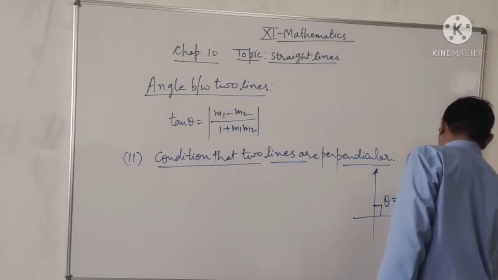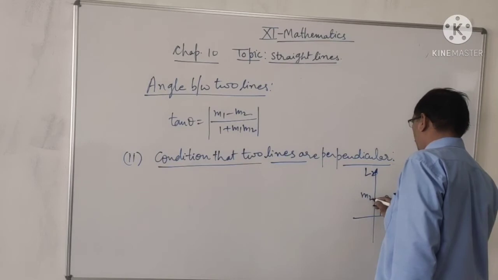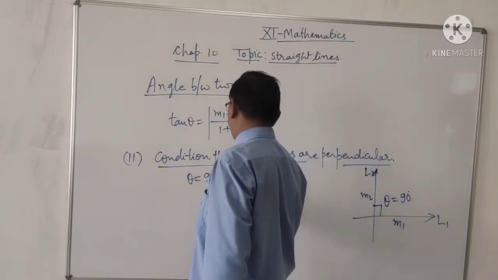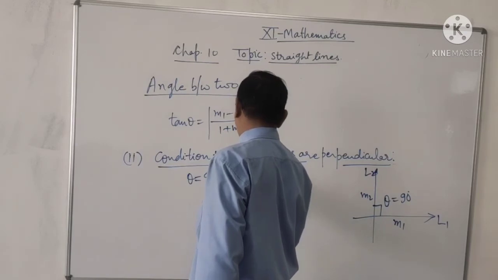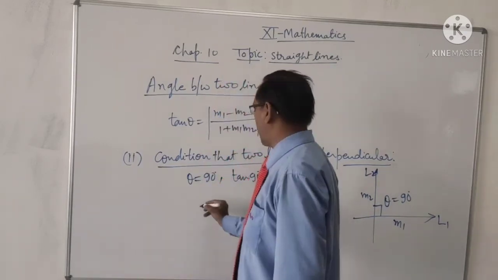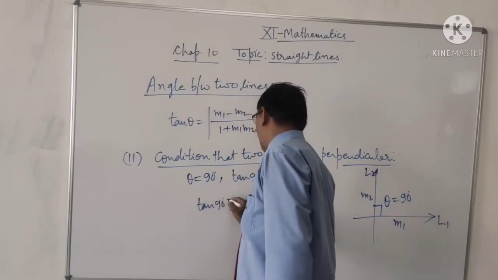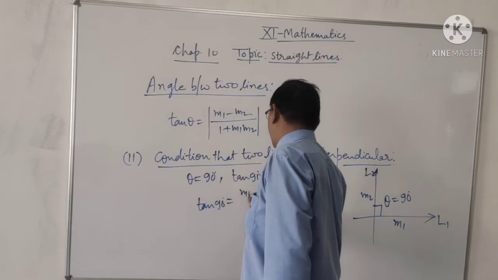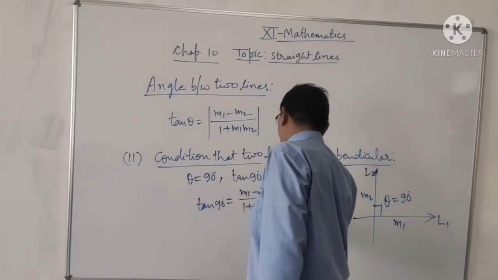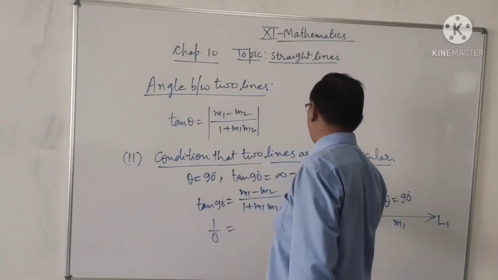Let the slopes be m1 and m2, then theta equal to 90 and tan 90 equal to infinity. From this we get tan 90 equal to (m1 minus m2) upon (1 plus m1 m2), or it is 1 upon 0. Infinity means 1 upon 0.